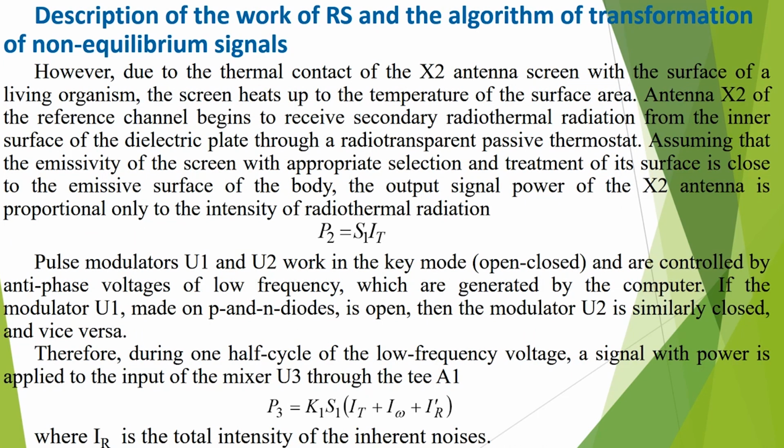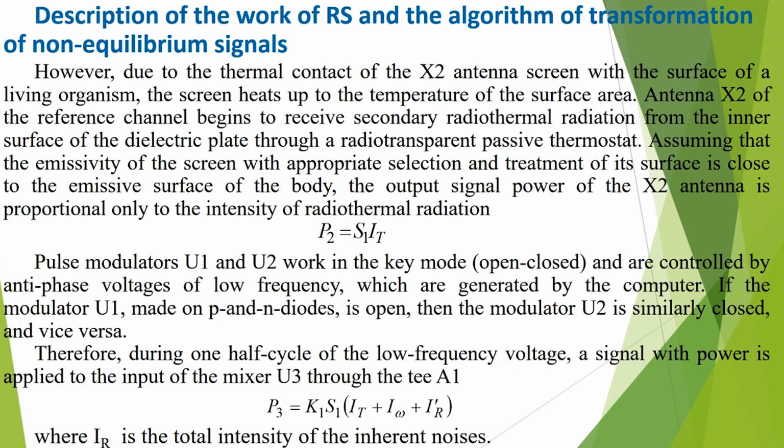Pulse modulators U1 and U2 work in switching mode and are controlled by anti-phase voltages of the low frequency, which are generated by the computer. If the modulator U1, made on PIN diodes, is open, then the modulator U2 is closed, and vice versa.